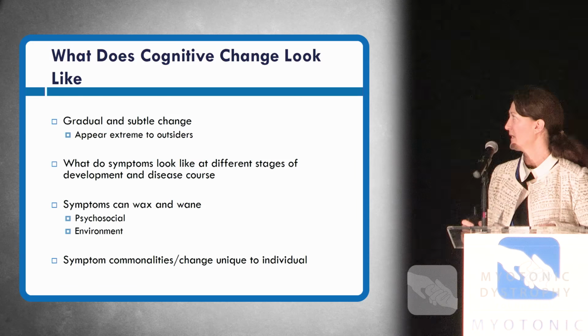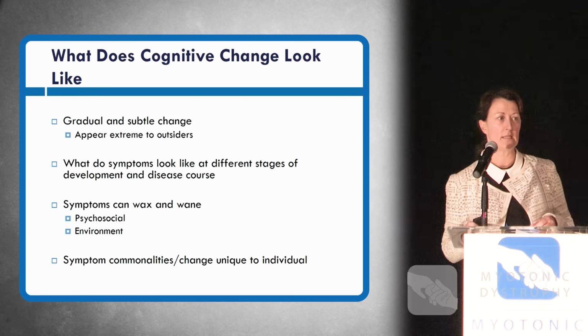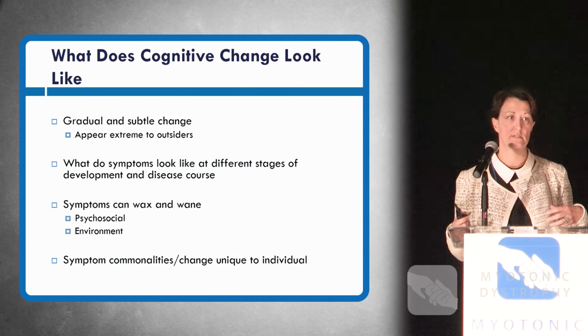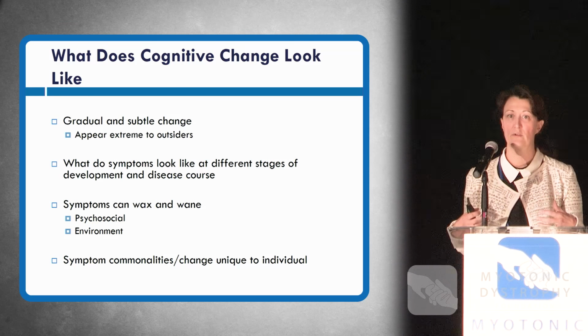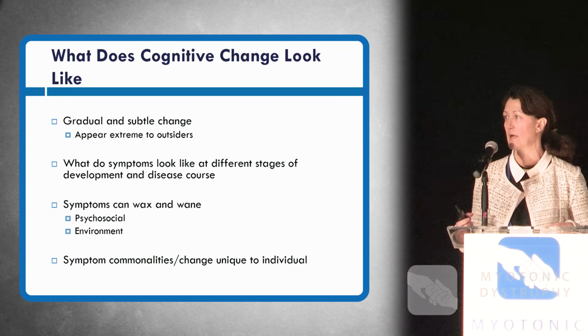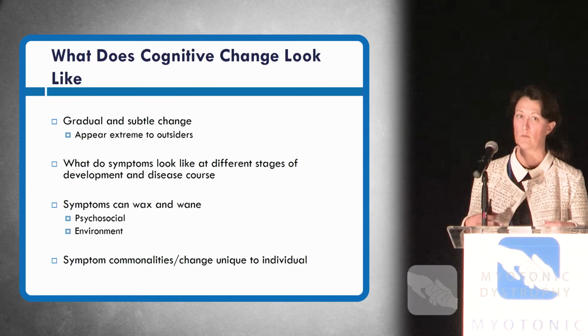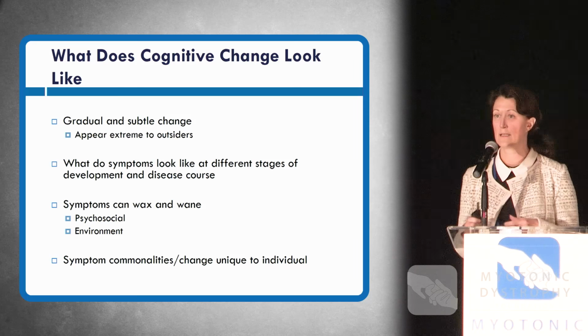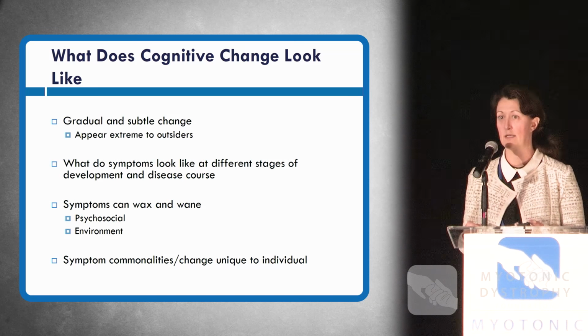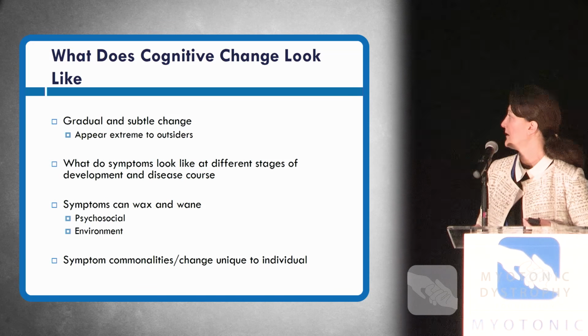Symptoms can look different at different stages of development and throughout the course of disease, so it could depend on certain environmental factors or what's impacting you at the moment, what's going on with your family, what's going on with other physical symptoms, and they all play a role in cognition.